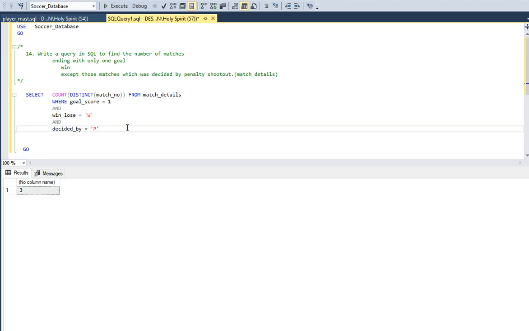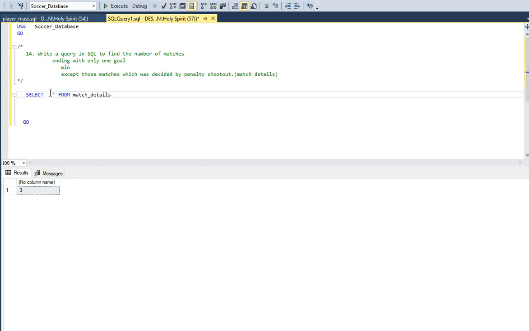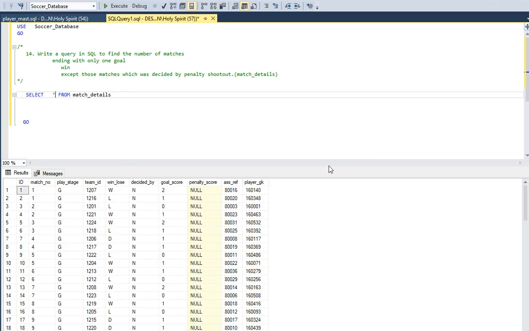3. We can check easily whether we are right or wrong, since there are no more than 3, I guess, penalty shootouts. So let's see here, decided by, okay, first one P, goal score P, but win lose is not counted. 1.